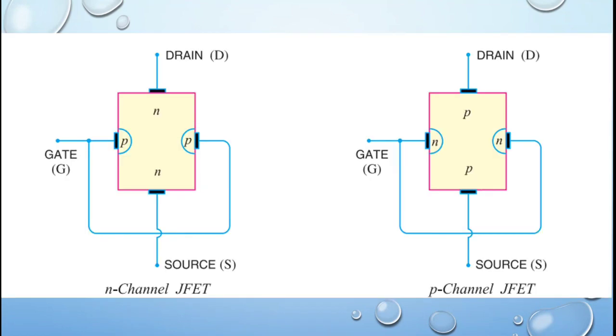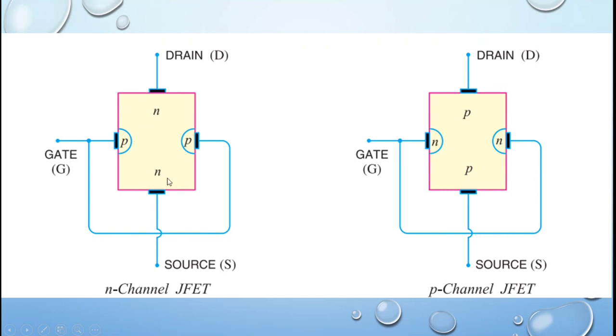So this is the construction of the N channel JFET and P channel JFET. Inside the FET for N channel, what are all the materials we are using? This is actually a semiconducting device. For the N channel JFET, it is full of N type semiconducting material, the pink colored areas.